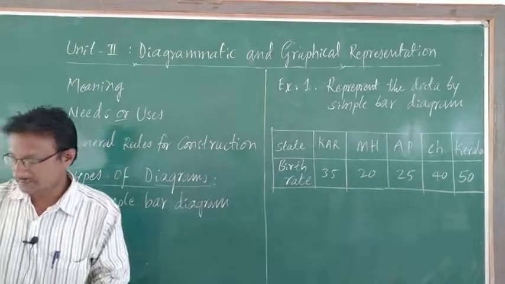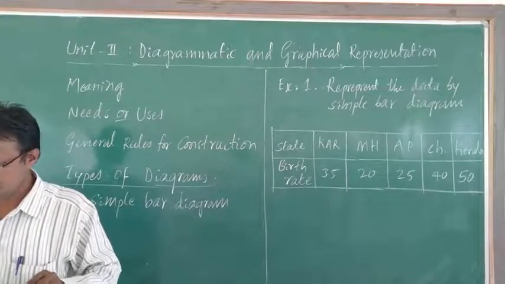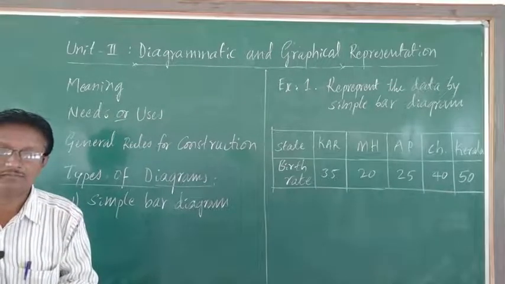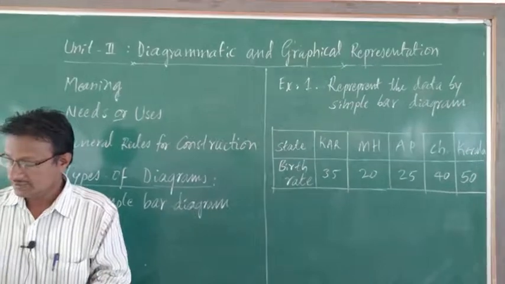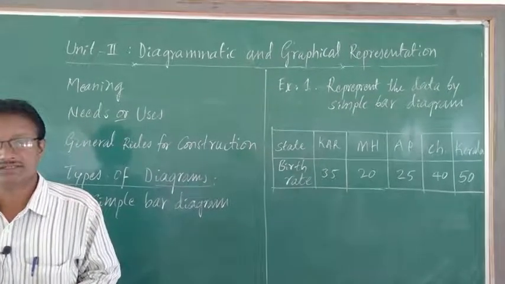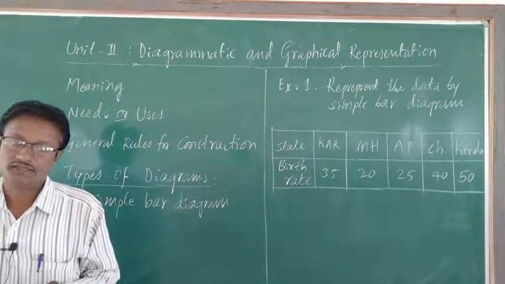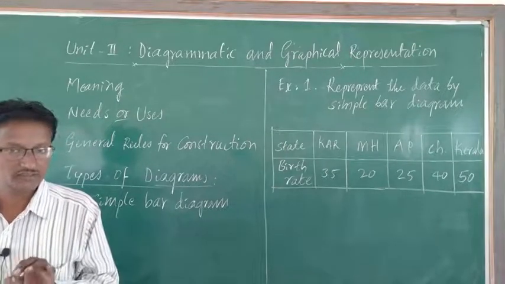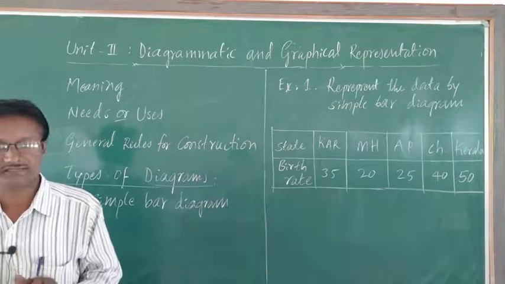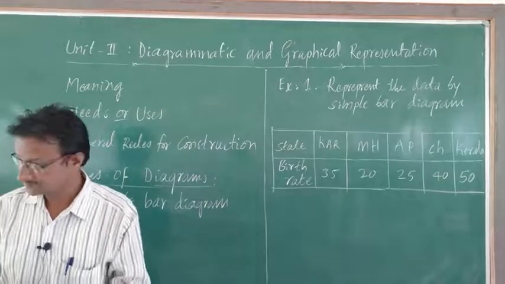Simple bar diagram is drawn when items have to be compared with regard to a single characteristic. So, when a single variable or single characteristic is to be presented for comparison, then simple bar diagram is used.